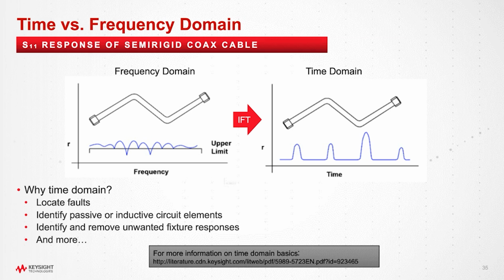You can see in the graph on the right that anytime there's a bump or a kink in this cable, we can see it on the time domain graph. This is very helpful for troubleshooting where bad reflection might be coming from, or if there's some other sort of fault in your system. This helps give you a visual representation of where it could be.